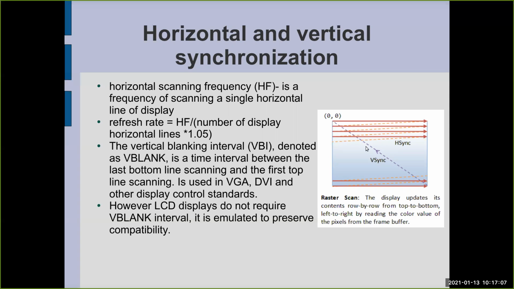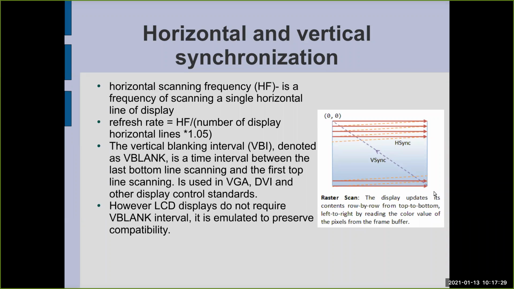And the second synchronization was vertical synchronization. So it's called V-sync.